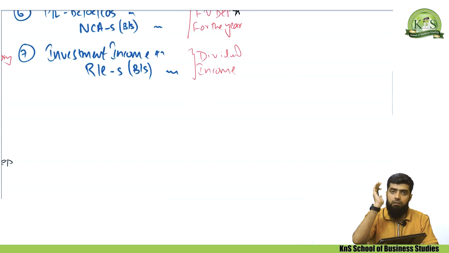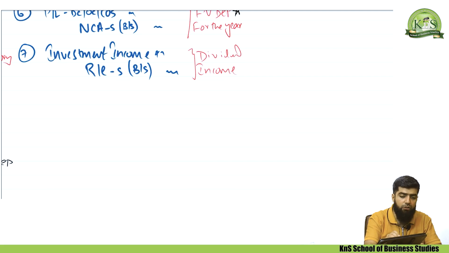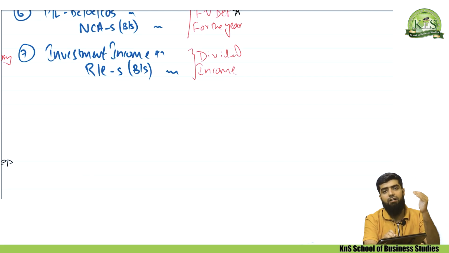Now the impact will be shown in the NCI working. We all know that once we have calculated the consolidated profit, it needs to be bifurcated into the group retained earning and the NCI.